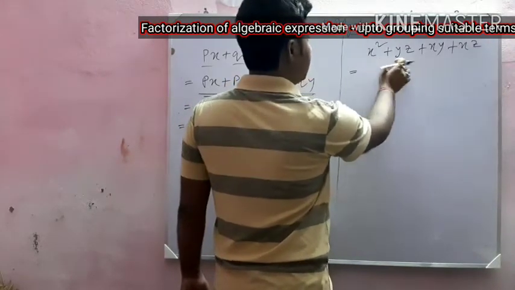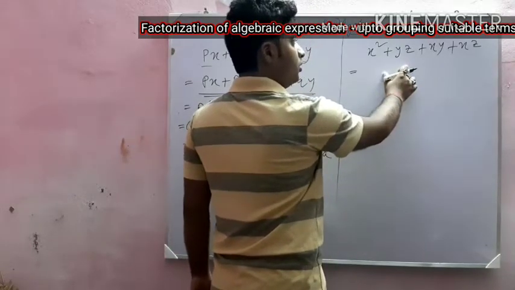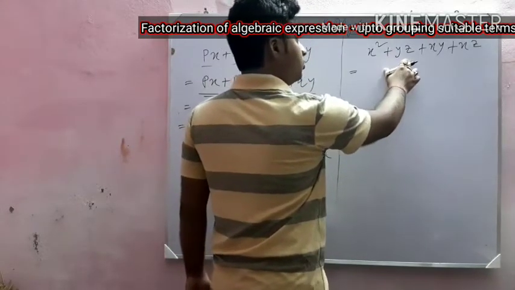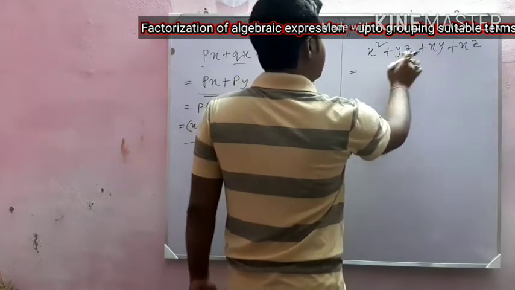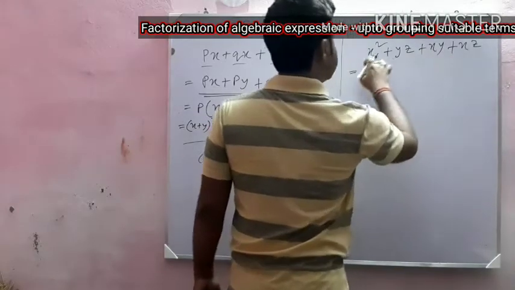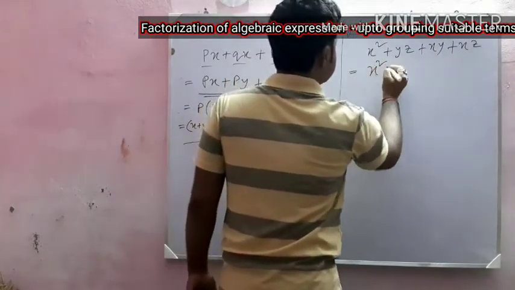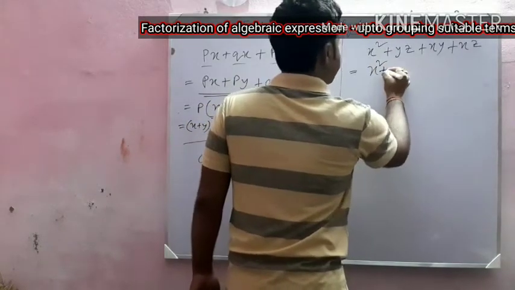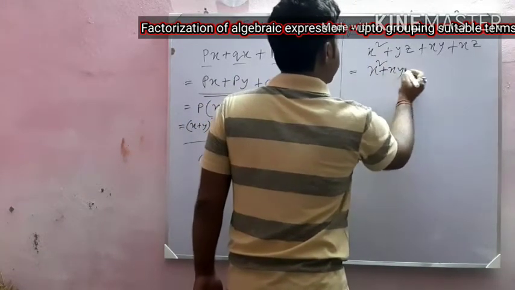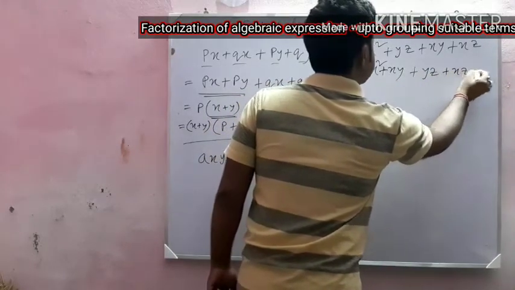I cannot take anything common from these two terms. So take any of these two terms with this x square, so that you can take the common. Take x square and xy side by side, and then write yz and xz here.